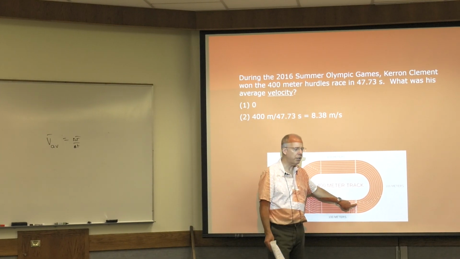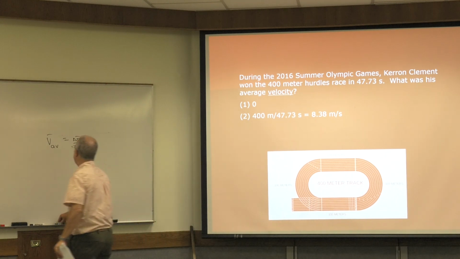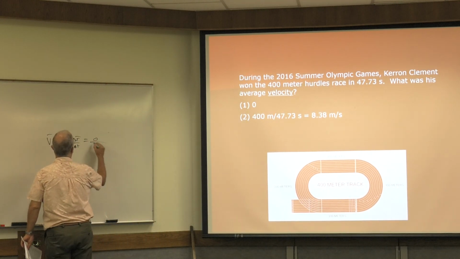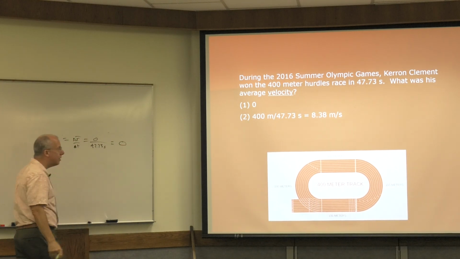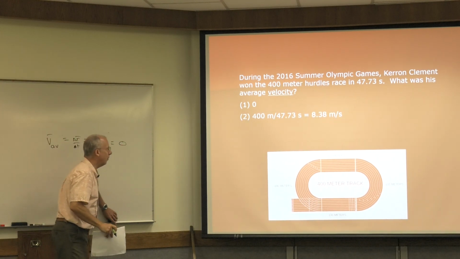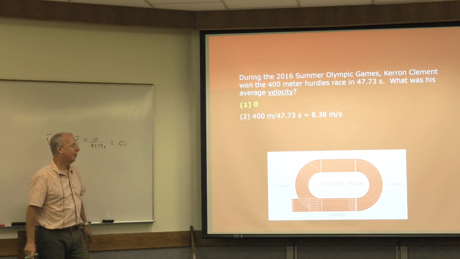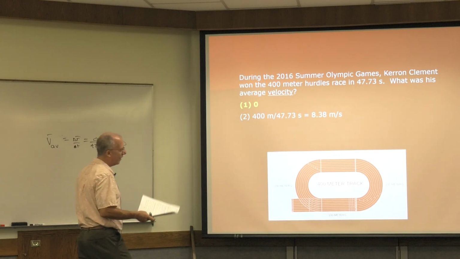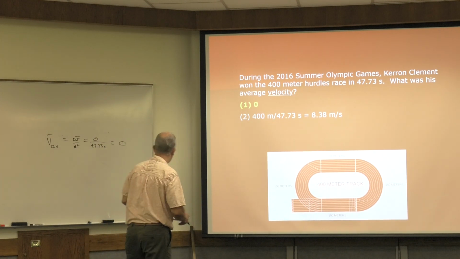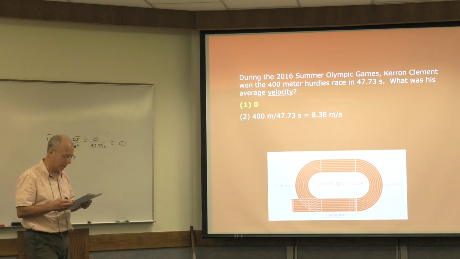In other words, what's your change in position? 0. So therefore, this is 0 over 47.73 seconds. Well, that's 0. So his average velocity is 0. So he got a gold medal, even so his average velocity is 0. And that's just because he started and ended at the same place. So you really got to be careful when you're talking about speed and velocity.